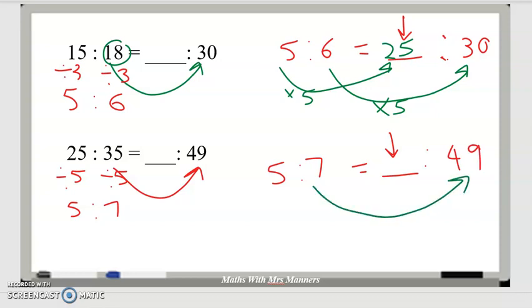Link the parts that I know, draw the direction of the arrow towards the unknown, and I can see that to go from 7 to 49 we times by 7. So we'll do the same over here, and 5 sevens gives me 35. That's all you're doing: finding this missing number so that the two ratios are indeed equivalent.